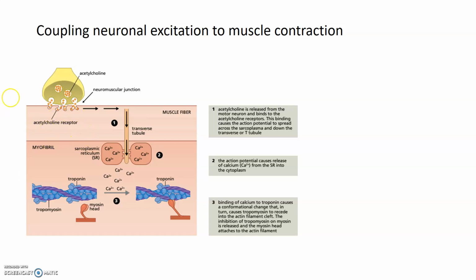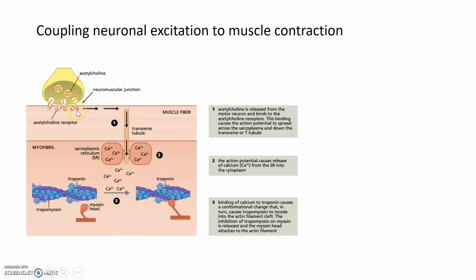And that binding of acetylcholine causes the electrical signal, or that impulse, to travel down the muscle cells and into a specific structure called transverse tubules, right? And so the muscle fibers are here, and they are groups of many, many myofibrils.